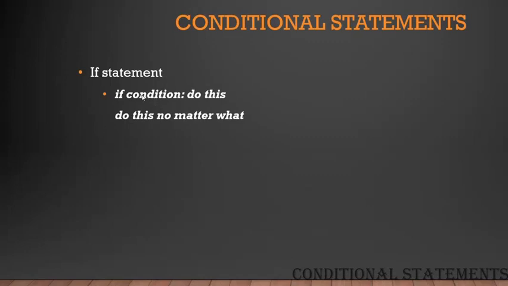So if the condition is true, the do this statement will be executed, and if it is false, it won't be executed. In both cases, finally do this no matter what will be executed. This means a lot in Python, as we'll see shortly.